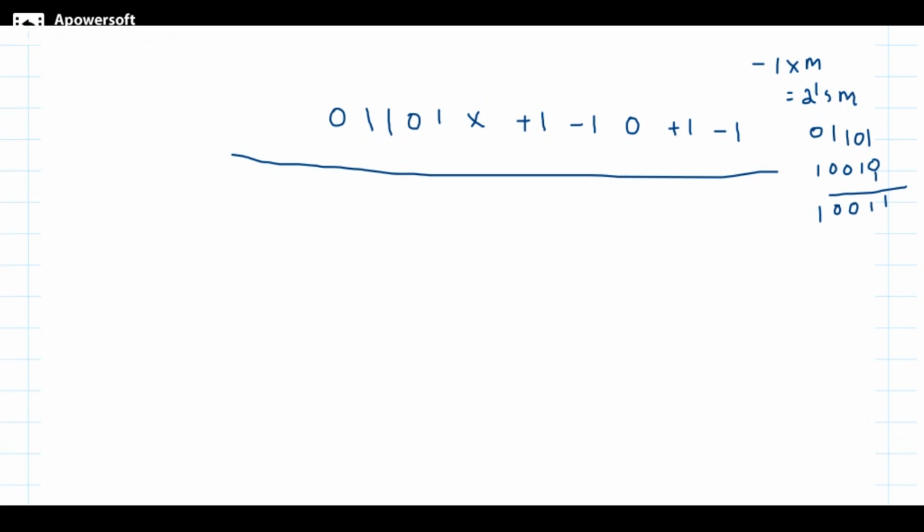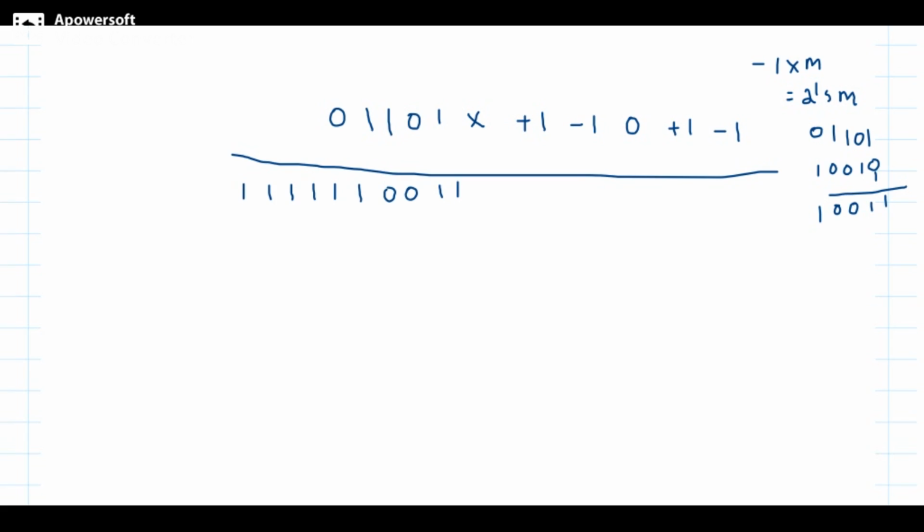It is nothing but the 2's complement of m. So minus 1 into m means 2's complement of m. I'll write 1, 0, 0, 1, 1, and later I'll consider 5 extra ones as sign extension: 1, 2, 3, 4 and 5.